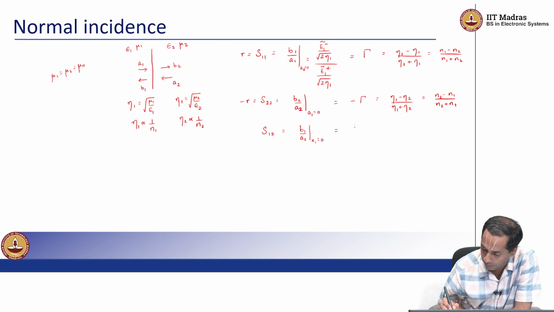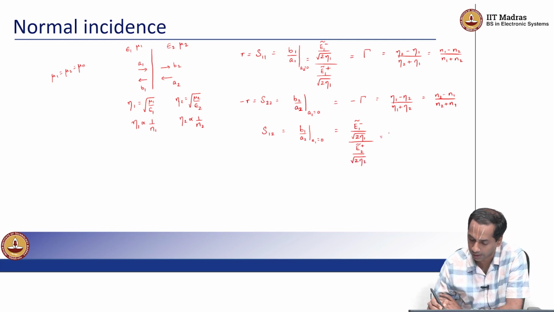So remember that this was E1 minus in medium 1 by square root of 2 eta 1 divided by E2 plus divided by square root of 2 eta 2, right?